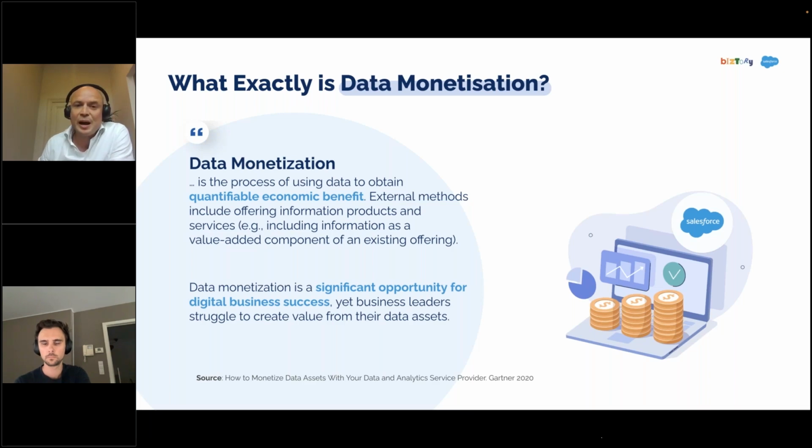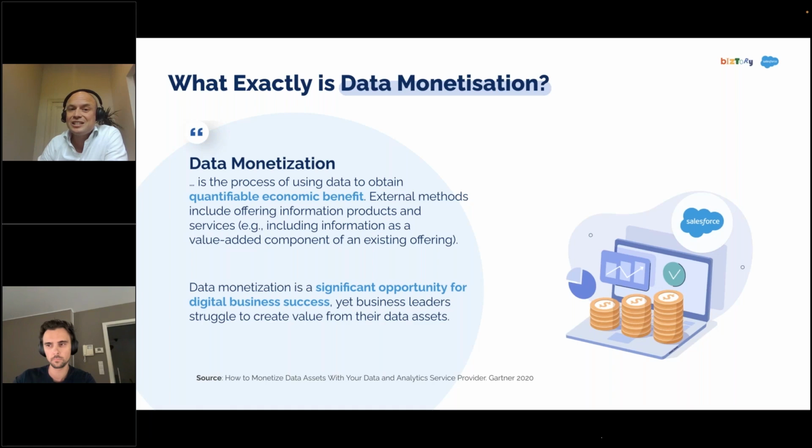Gartner go on to describe that there's a significant opportunity, obviously, that this presents, but that many business leaders are still struggling to realize this opportunity. That's what we also see in the market. The good news is that Biztory and Salesforce have already been helping customers in every single industry to do this for many years now, and we've only just got started.